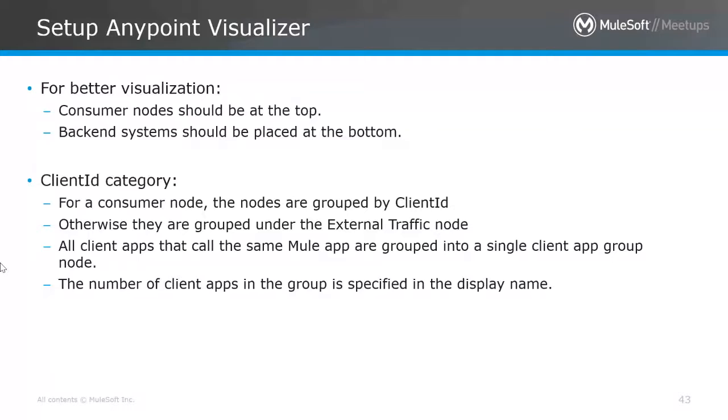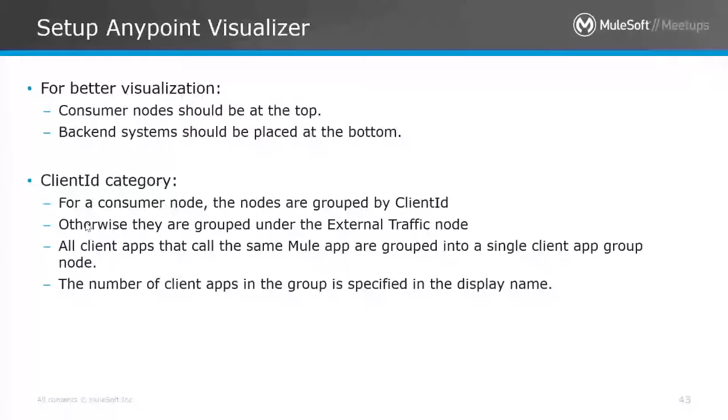It will identify such services and group them into one node. If you have a ServiceNow application, it can be an internal application or an external URL also. But if it is the same URL, this client ID category will categorize that particular application in one group, and it will start marking the number of consumers in front of that application.